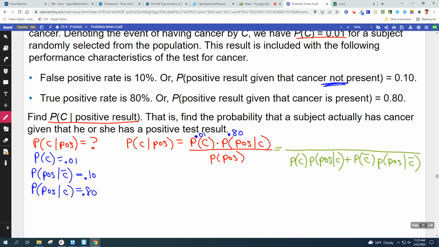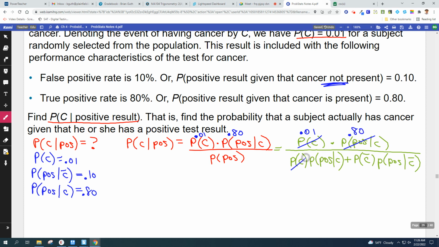That's what could happen. I broke down probability of being positive into either you have cancer and it's positive or you don't have cancer and it's positive. So the top's still going to be the same. You're going to have that probability of cancer times probability of positive given cancer. So I can just fill in some of the numbers that I've got. So this one was 0.01 and this one was 0.80.